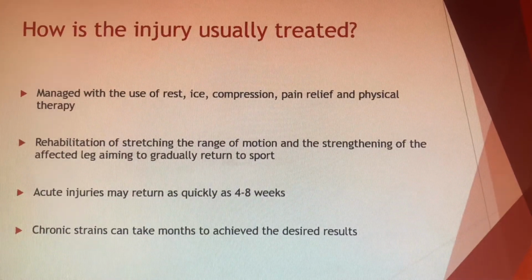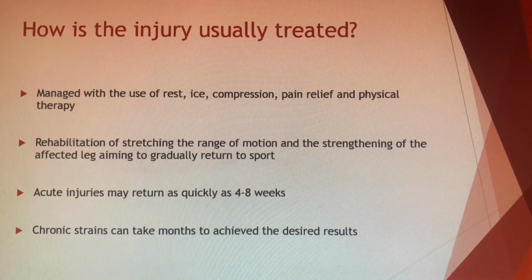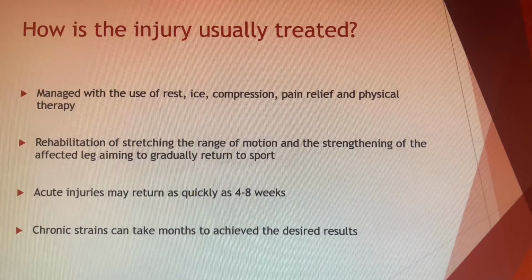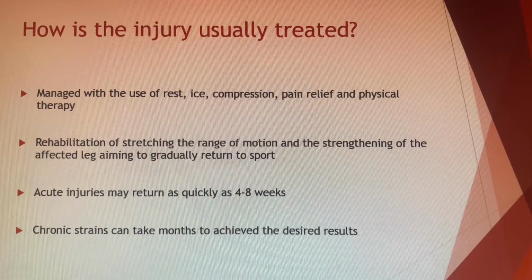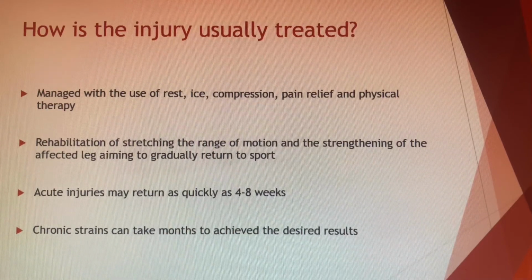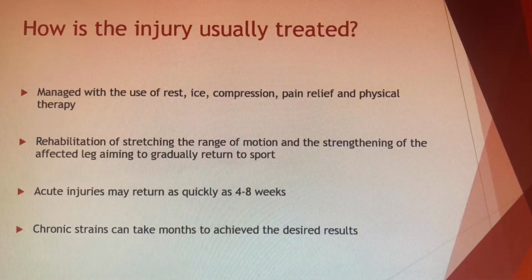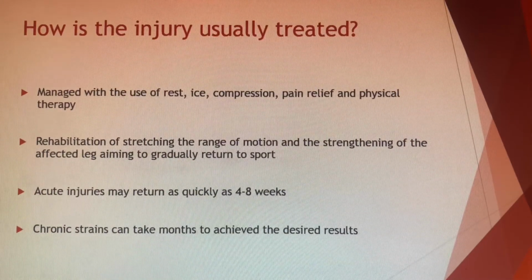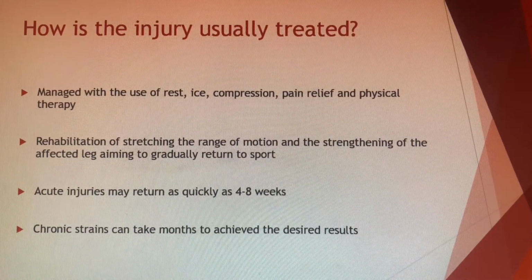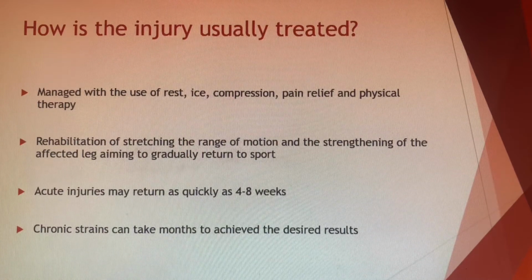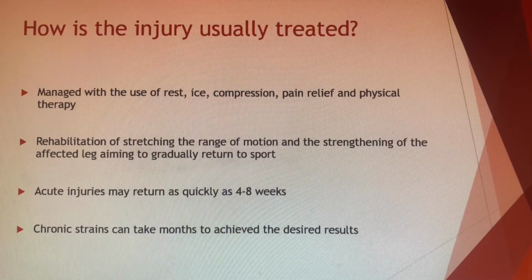How is the injury usually treated? Adductor groin strains are managed in a more conservative fashion with the use of rest, ice, compression, pain relief, and physical therapy. The rehabilitation should include stretching the range of motion and the strengthening of the affected leg with the aim of a gradual return to sport.